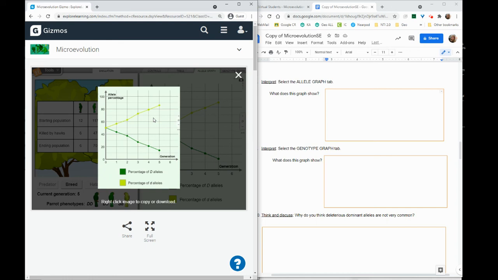Now, to copy your graph or to download it, you need to right-click. If you have a Windows machine, or if you have a MacBook, or if you have an external mouse plugged in, then you probably have a physical right-click button. But if you have a Chromebook, especially if you've not changed your settings, you probably don't have a right-click button or even a right-click area on the trackpad.